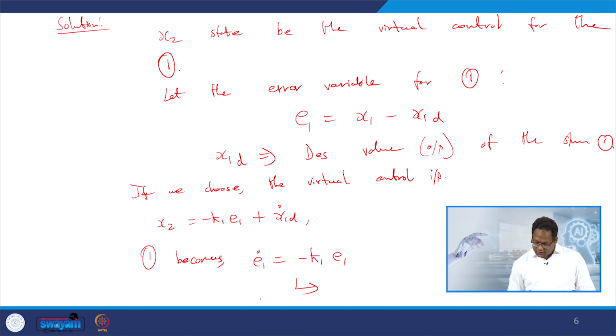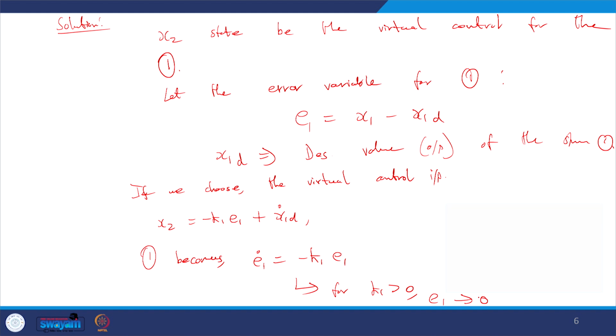What do you mean by this system? This means that it is a linear system and also it is stable, which implies that for k1 positive we have E1 tends to 0.